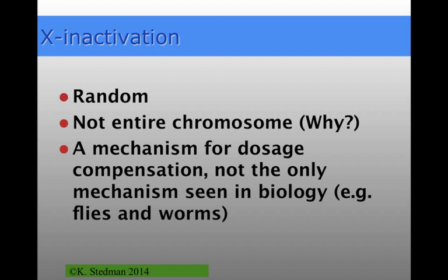Oh, so the question is if there seems to be some kind of deleterious mutation on one of the chromosomes, is that preferentially inactivated? As far as we can tell, no. Probably what happens is that in those cells where that chromosome is not inactivated, those cells are no longer functional.